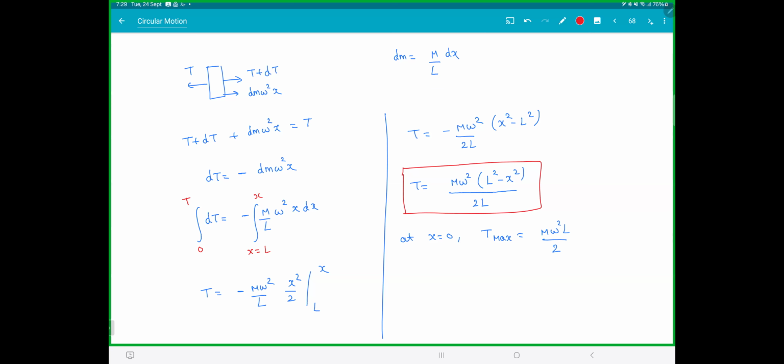Please have a look at the steps. Clear, everyone? Any doubts on this?